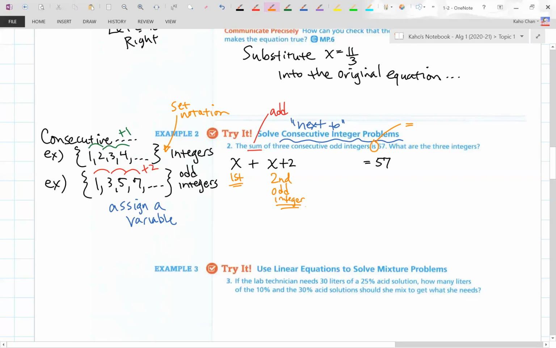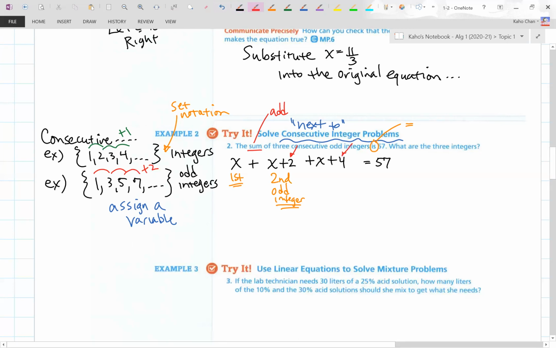So there's 1 and there's 2, and we have 1 more to go here. That would be the third odd integer. Now, if they're 2 apart, plus 2, then if you have another 2 apart from there, it's plus 2 plus 2, that becomes plus 4. Make sense?